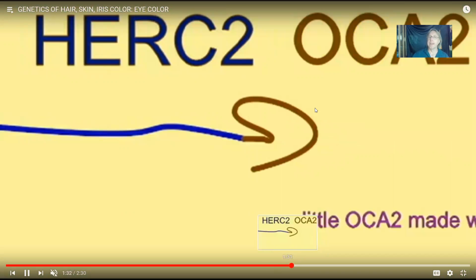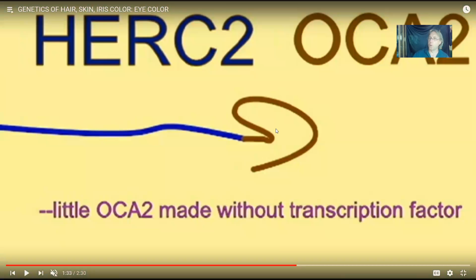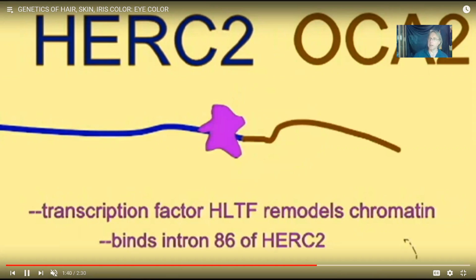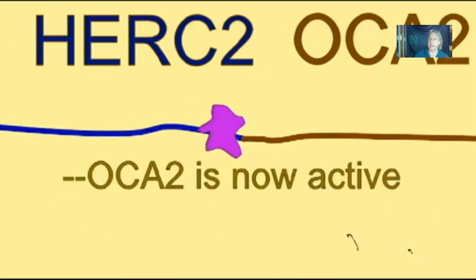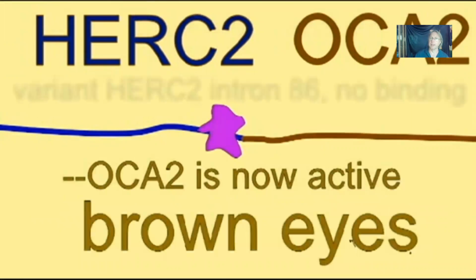So if OCA2 here in brown is coiled and packaged onto the protein scaffolding, it isn't accessible to be expressed and thus to produce the proteins which would then cause more pigmentation. But if a transcription factor can bind HERC2, that will then change the packaging of the DNA on the chromosome, remodeling the chromatin, allowing OCA2 to be made, and now the enzymes for brown eyes.